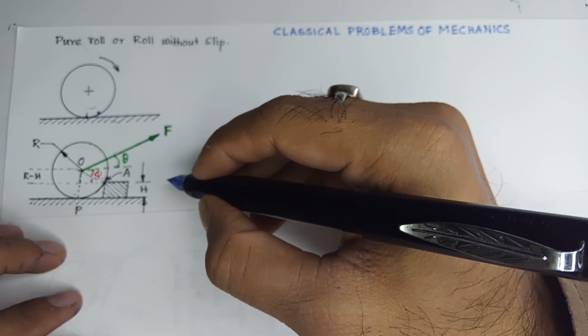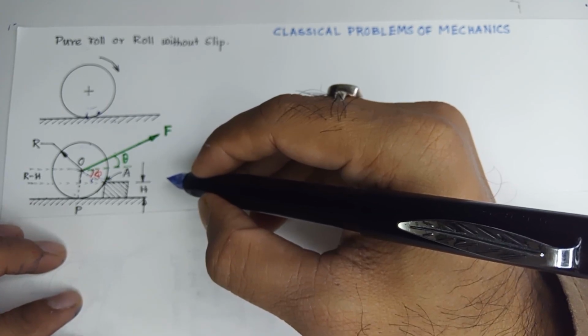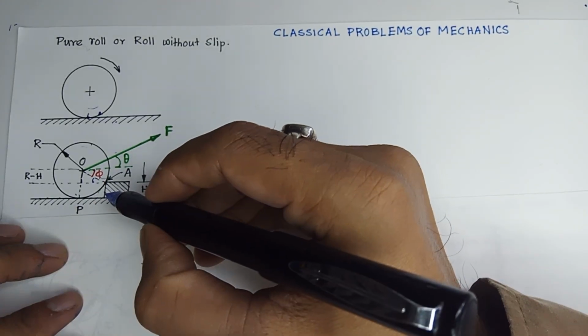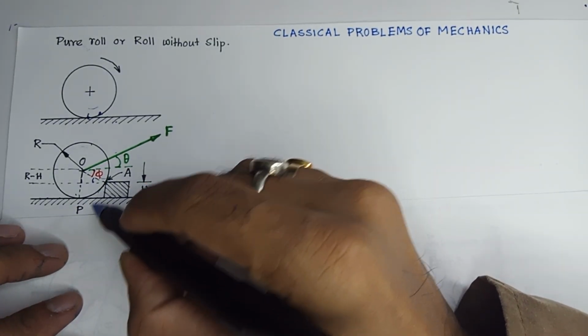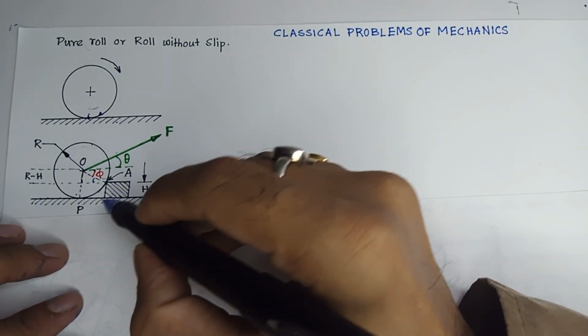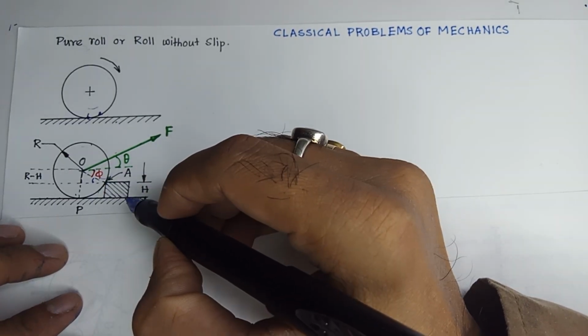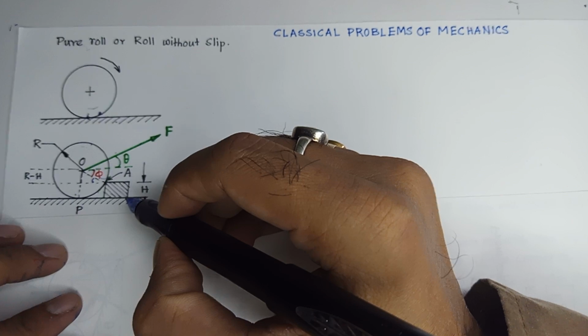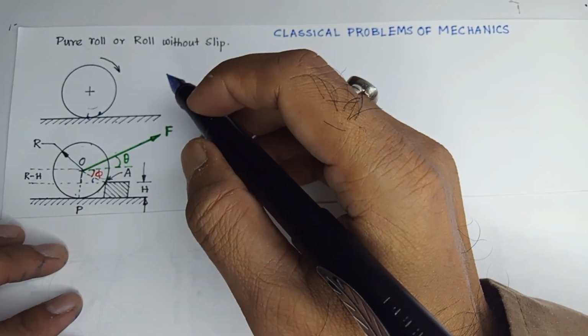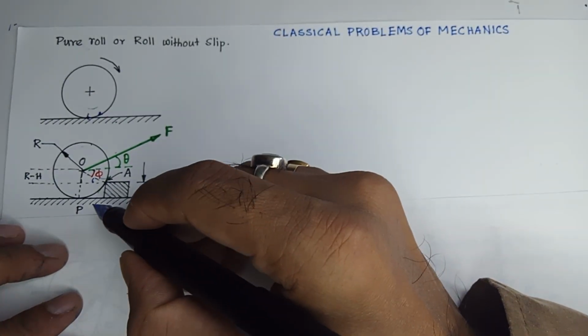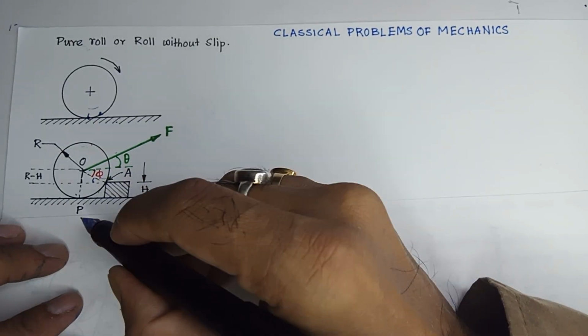You will see in engineering mechanics textbooks, I do not know why, unfortunately, that they do not mention that there is a friction at this point. Simply, they show that there is a contact normal reaction, and by showing that normal reaction, they solve the whole problem without mentioning anything about the friction.